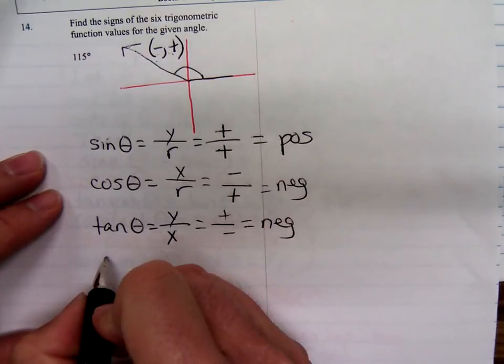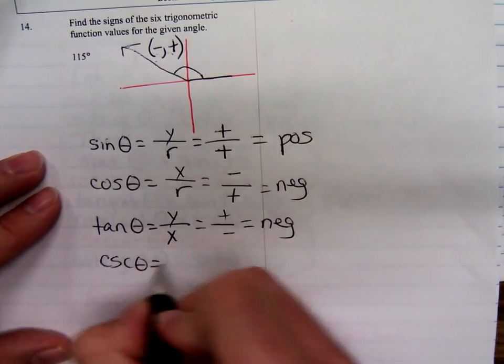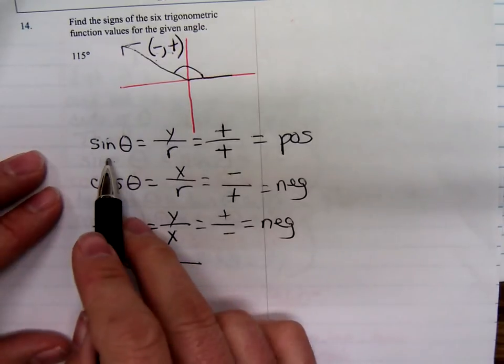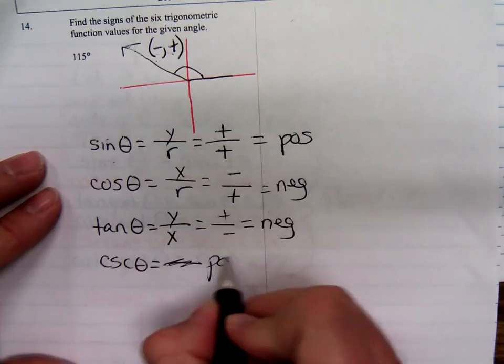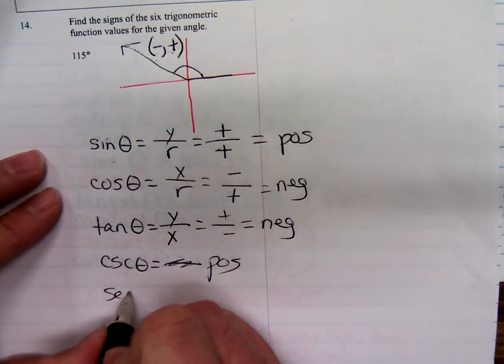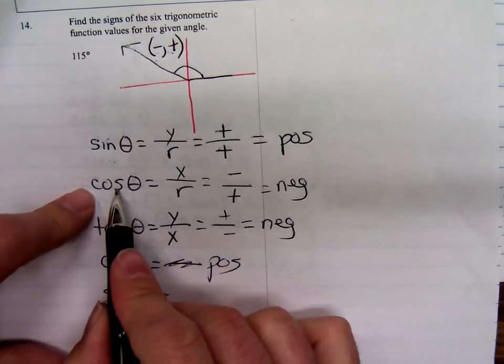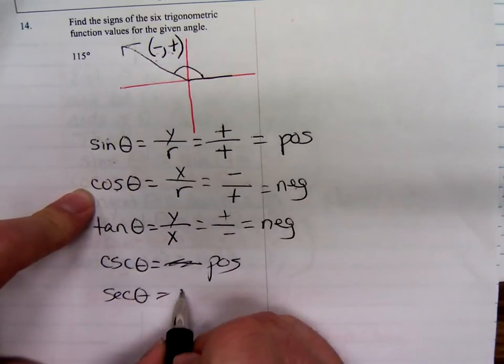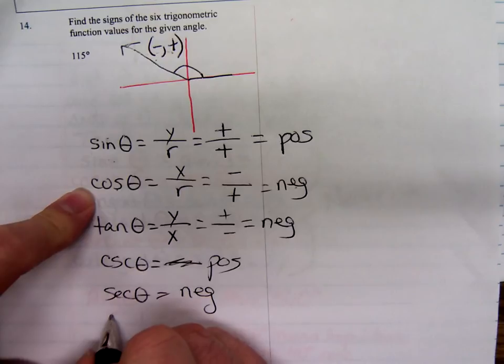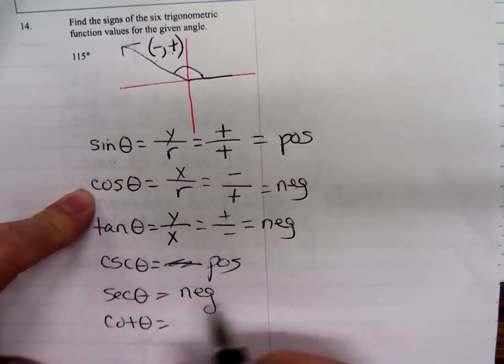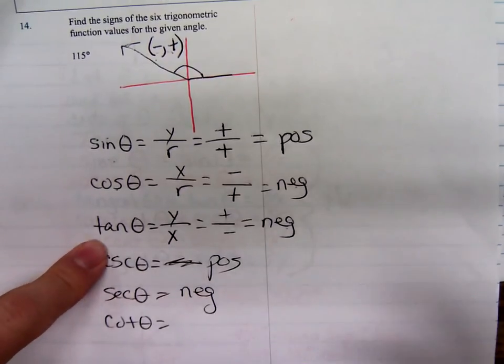Cosecant theta, that's the reciprocal of sine. The reciprocal of a positive number is positive. Secant theta is the reciprocal of cosine. The reciprocal of a negative is still a negative. And cotangent theta is the reciprocal of tangent. The reciprocal of a negative is negative.